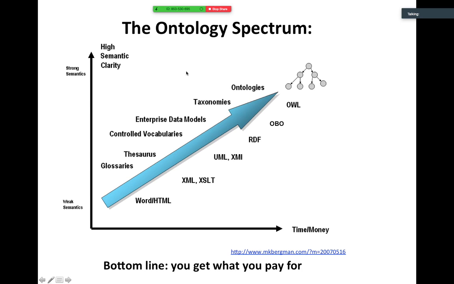They have the most semantic strength or highest semantic clarity, and they're the most work to make and the most expensive to make. And so you can see the range of different languages on the lower axis here. I have to acknowledge this is not my slide. This is a slide that goes around, and it's originally from this link here.